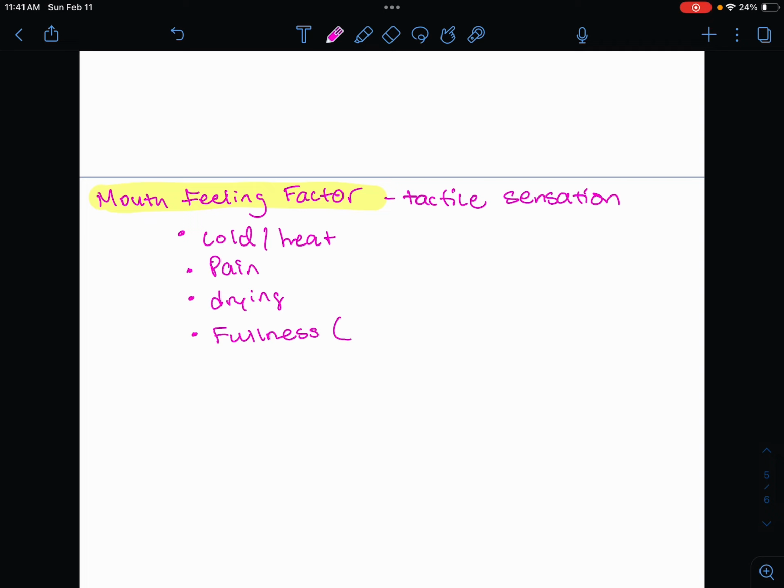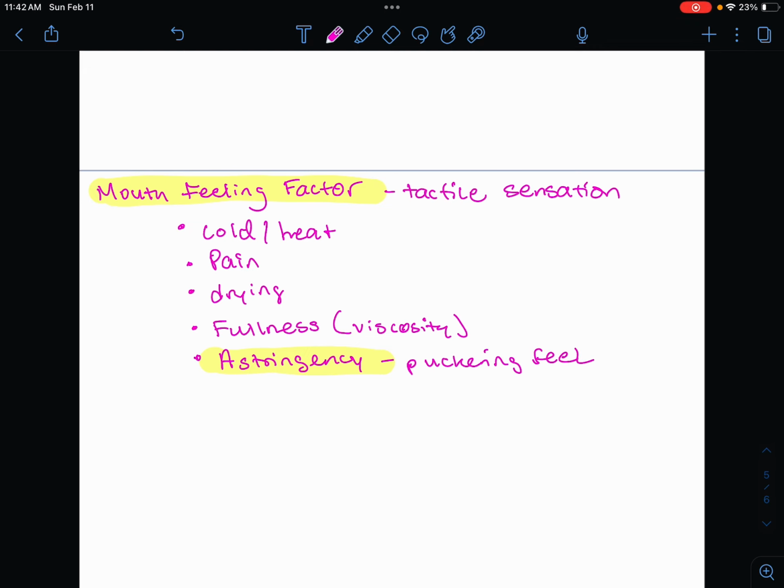So if you're adding honey to your tea, you have this thickness, but fullness is also like a rich-bodied tea, as described on some tea packages. And then you have this word here, astringency. Astringency, this is that puckering feel. Think of cranberry juice.